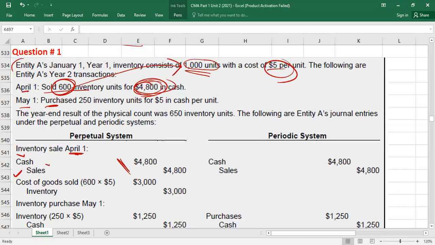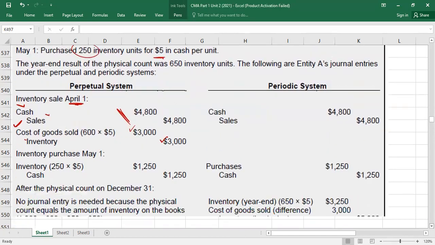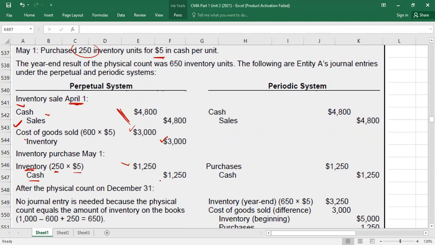Debit cost of goods sold with 3,000 and credit what? Inventory with 3,000. Understood? Then you have purchased inventory. How many units? 250 units with the price of $5 each. So what will you do? You will debit the inventory. Instead of purchases, you will use the word inventory and credit the cash. 250 units are there for $5 each. You bought it. So total is going to be 1250.